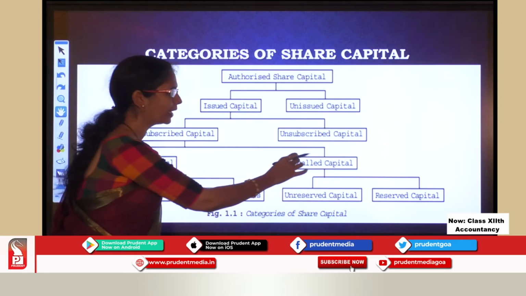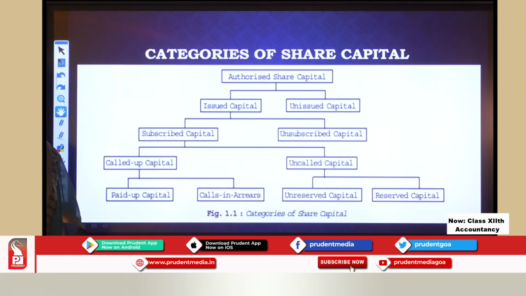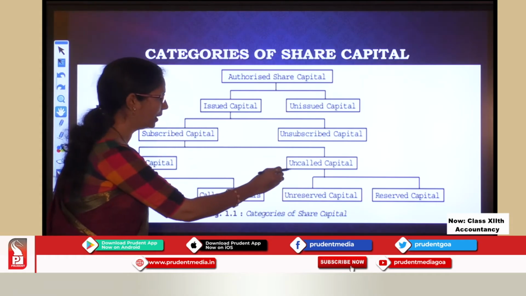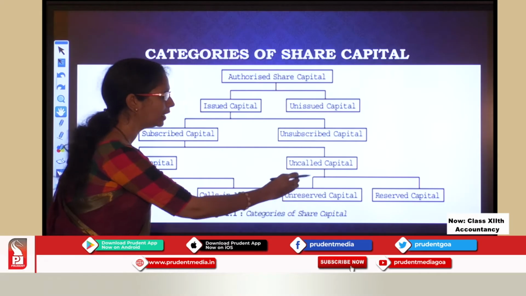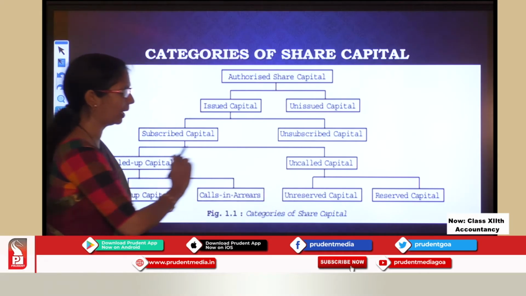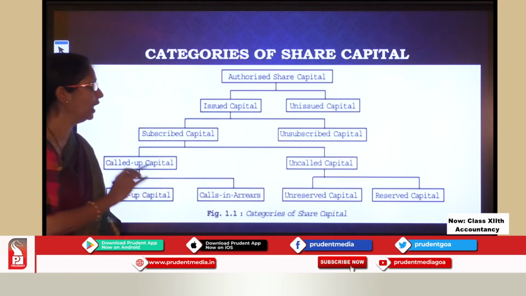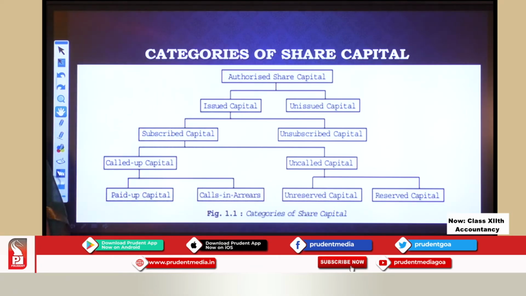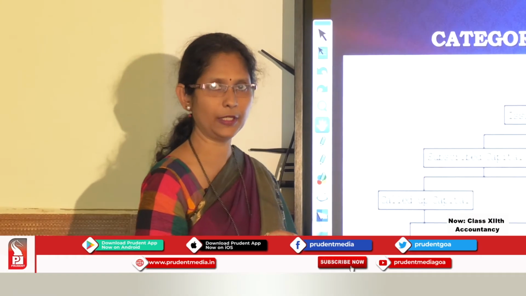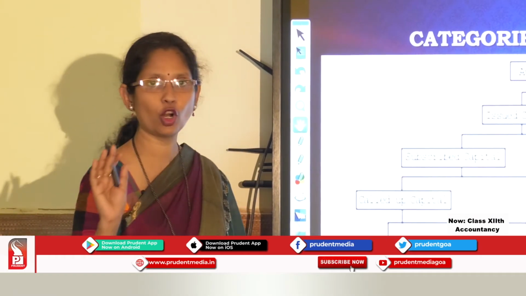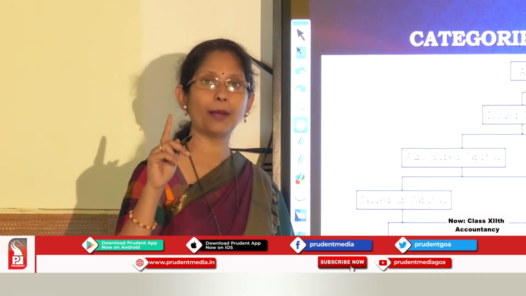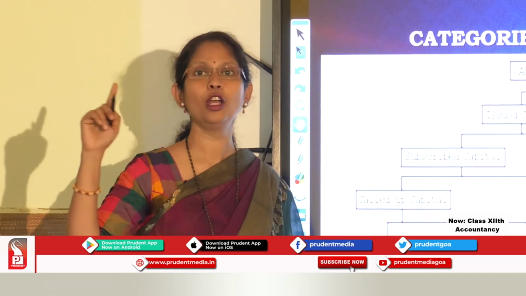Now this uncalled capital means what? The company has not yet asked to pay. So this uncalled up capital can be classified as reserve capital and unreserved capital. Now what is reserved capital? Reserved capital means the part of uncalled capital which the company reserves for winding up.